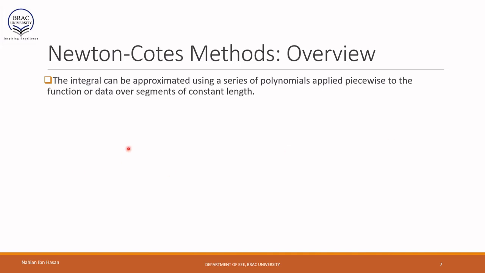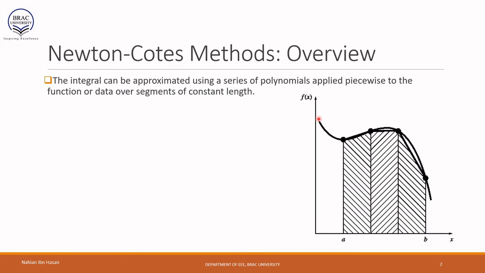So first of all, let's look at the Newton-Cotes methods, that means the closed methods. The integral can be approximated by using a series of polynomials, and those polynomials are applied piecewise to the function at different segments. So what does this mean actually? Say for example, we have a function drawn in this figure, where the limits are a and b, and we are going to divide the portion under this curve within this boundary into smaller segments.